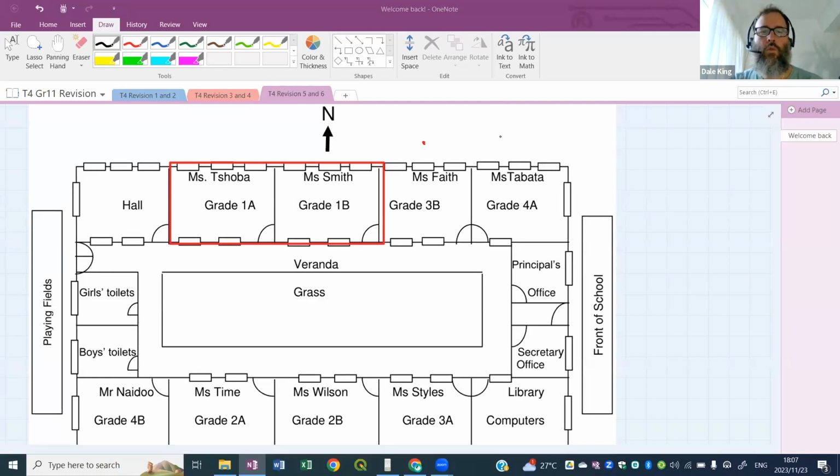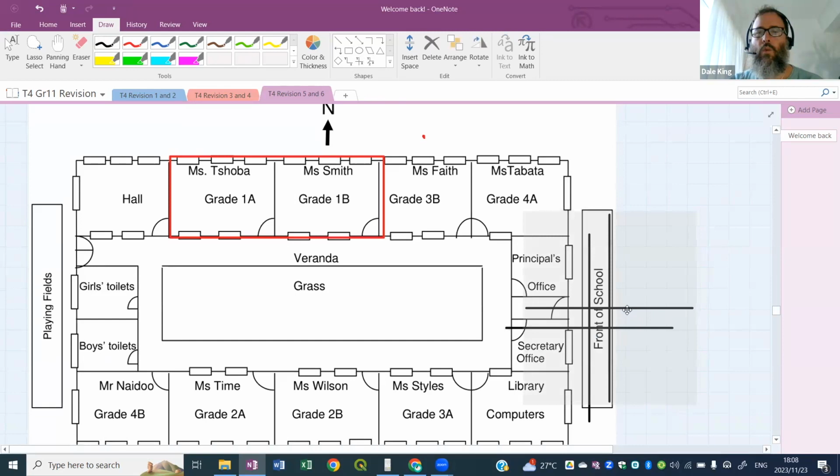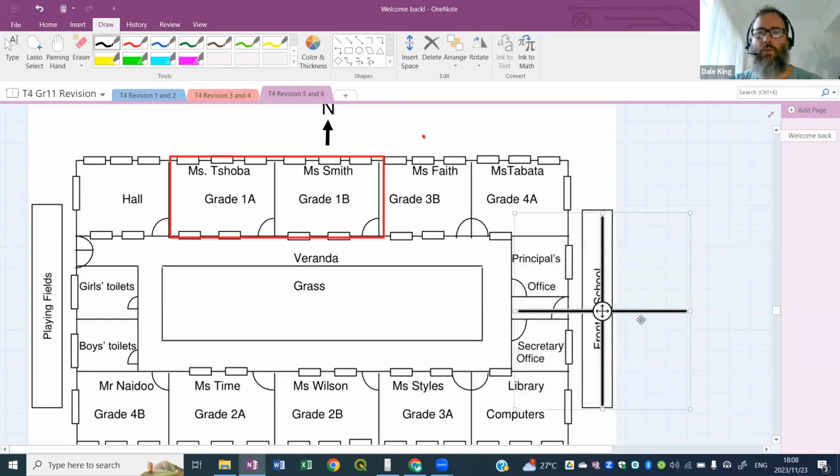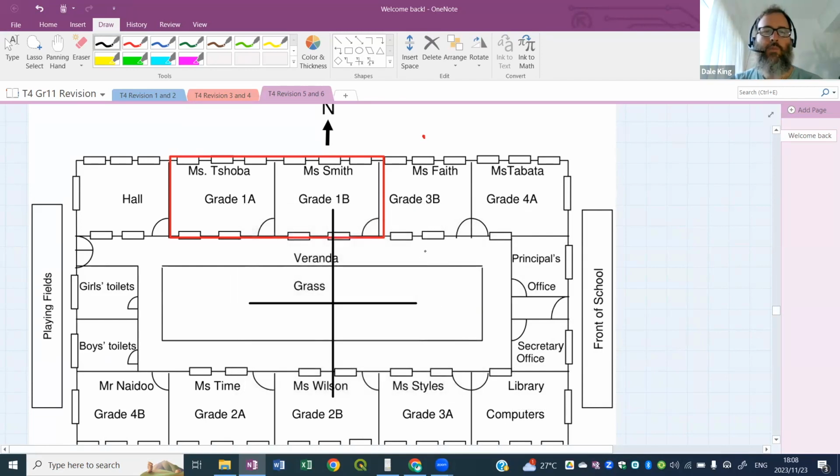North, northwest. Yeah, so the question is, where do we put our compass? Because we've got to have a compass somewhere. It's not saying what direction from the front of the school. It's just saying which side of the school. So we can actually put this compass in the middle, with the north facing this way. So I would say north or northwest.